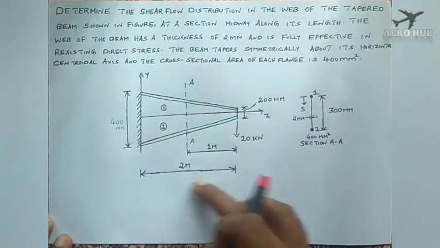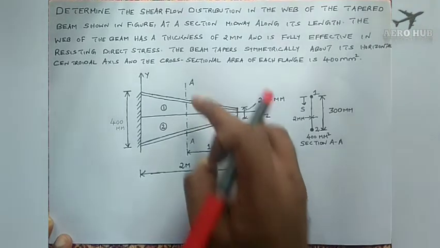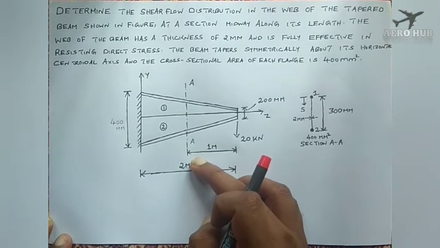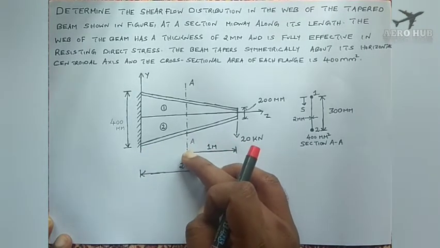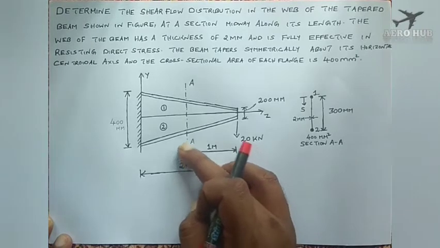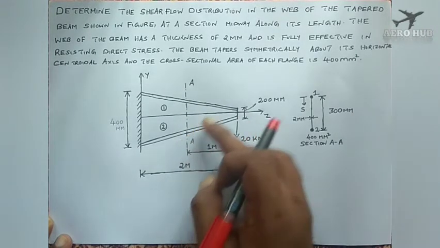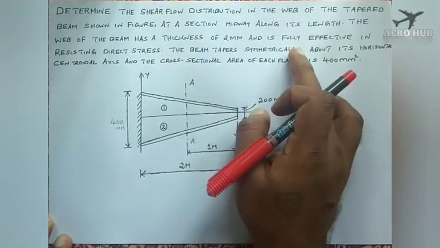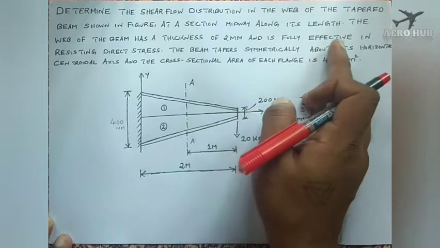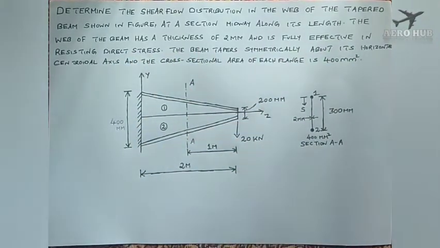That is, the total length of this tapered wing spar is 2 meter, and at 1 meter from the fixed end we have to find the value of the shear flow distribution. This section is fully effective; the web is fully effective in resisting direct stress, so the section is not idealized.